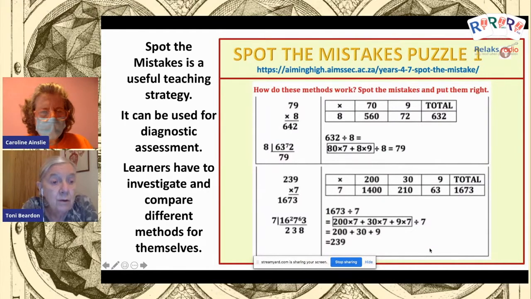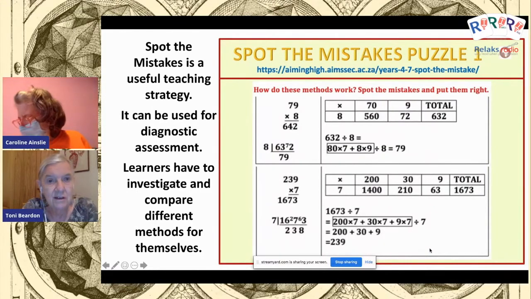And it can be used for what's called diagnostic assessment. What's that? Well, if you go to your doctor and something's wrong, you tell your doctor about what's bothering you, and the doctor diagnoses what's wrong and possibly gives you some tablets.